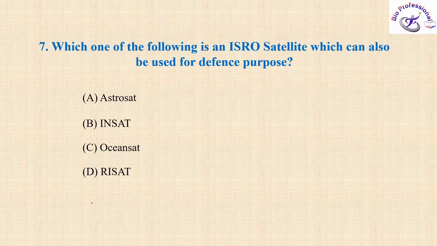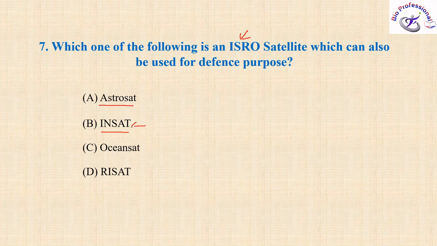Next, which one of the following is an ISRO satellite which can also be used for defense purposes? ISRO means Indian Space Research Organisation. AstroSat enables simultaneous multi-wavelength observations of various astronomical objects with a single satellite, so this is not related to defense purposes. INSAT, which I'm taking as the Indian National Satellite System, is the first dedicated military communication satellite.